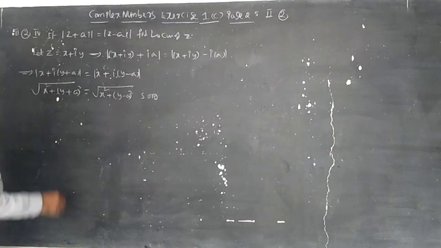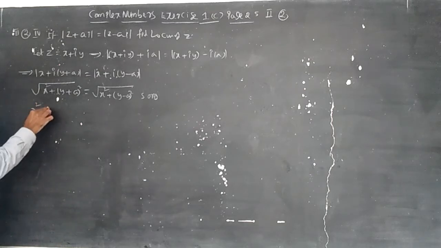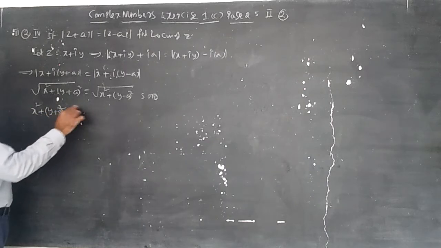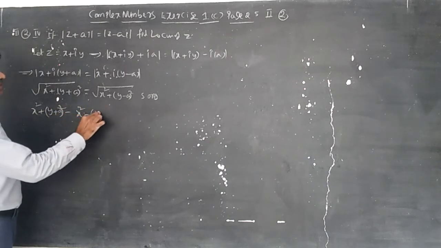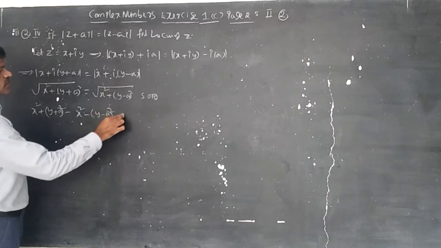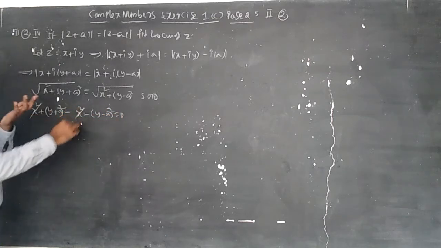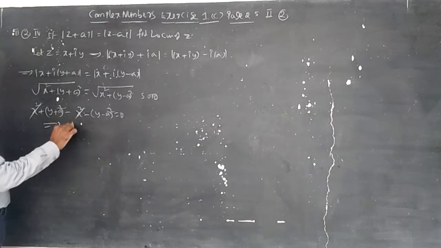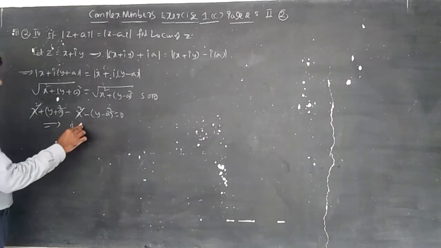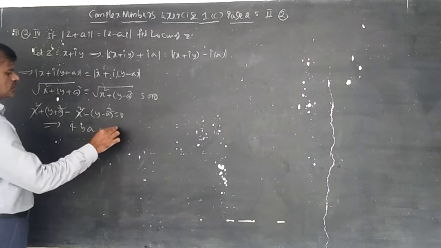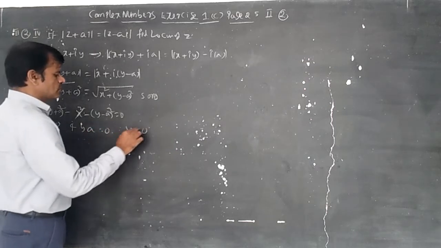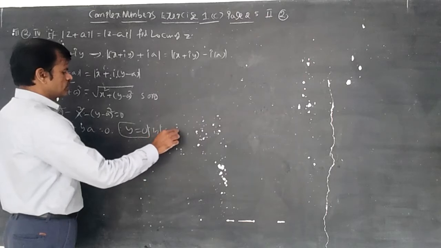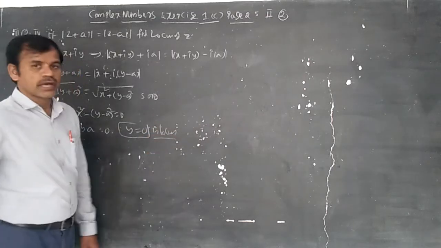Taking squaring on both sides, we can write x square plus (y plus a) whole square minus x square minus (y minus a) whole square equal to 0. x square gets cancelled. (a plus b) whole square minus (a minus b) whole square, formula 4ab. So 4 into y into a is equal to 0. Therefore y is equal to 0 is the locus. y equal to 0 means only the x axis.